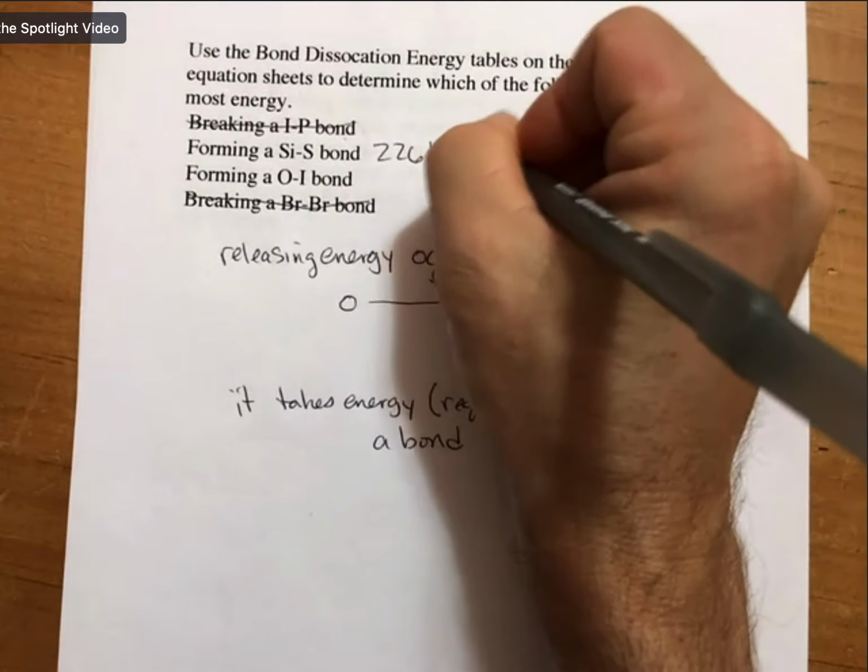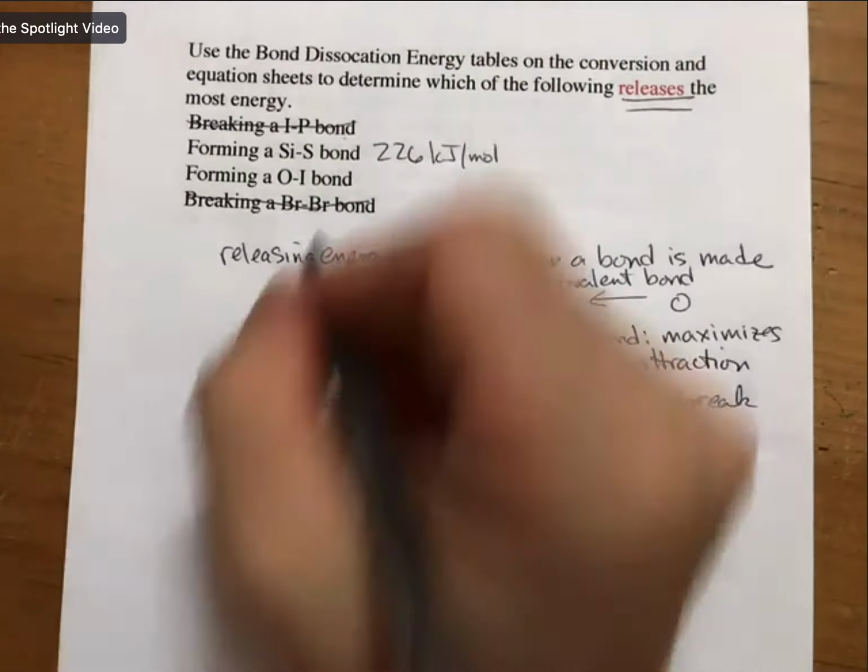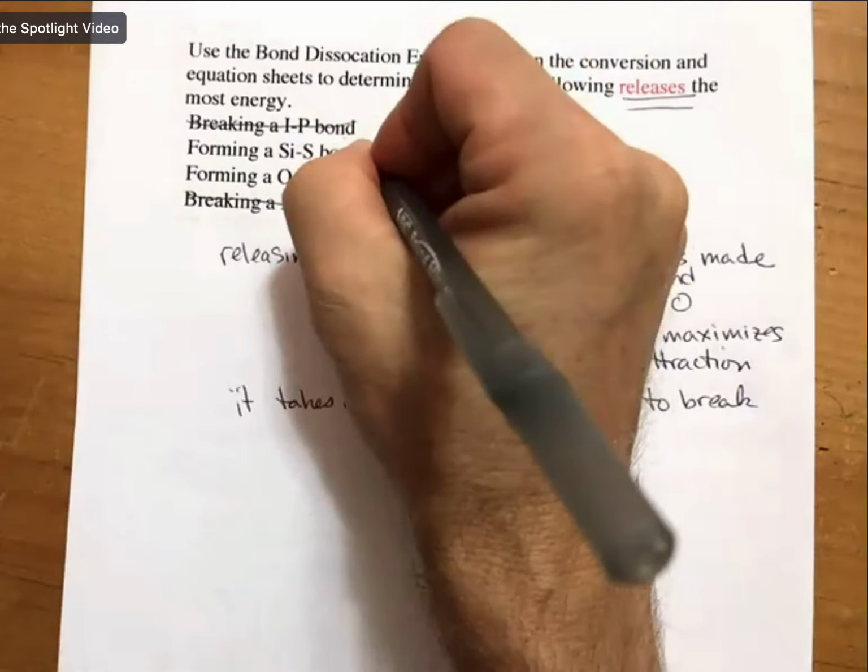My choices, also we're not breaking any bonds because breaking bonds requires energy. So now I'm going to go for silicon, sulfur. Silicon, sulfur is 226 kilojoules per mole, and I'm going to write minus next to it because it's releasing energy, and releasing energy is negative.